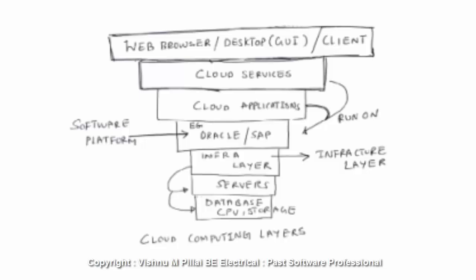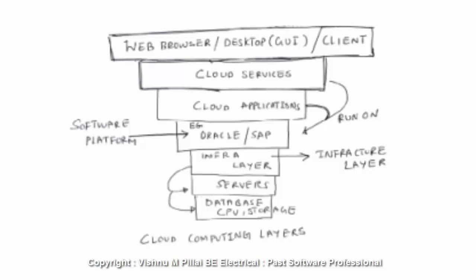And the cloud services have cloud applications which run on software like Oracle or SAP. And then there is an infrastructure layer, and the infrastructure layer has servers and database, storage, CPU, etc.